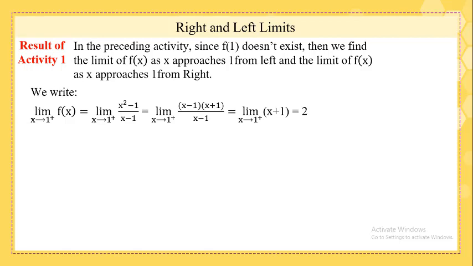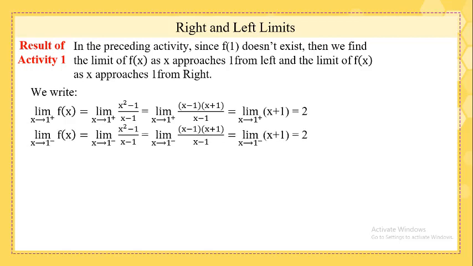We substitute x by 1 in the equation of f of x and find the limit. Similarly, we do the same for x tends to 1 minus, or the left limit of f at 1. We substitute x by 1 in the equation and we get our answer.